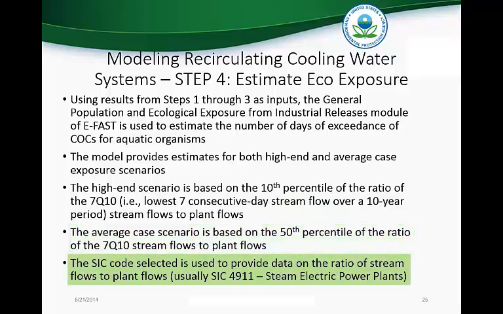The SIC code selected is used to provide data on the ratio of stream flows to plant flows. As mentioned earlier, this is usually SIC 4911, which is steam electric power plants. SIC stands for Standard Industrial Classification Code. Estimates are not generated for a specific power plant. They are generated for every steam electric power plant in the database.